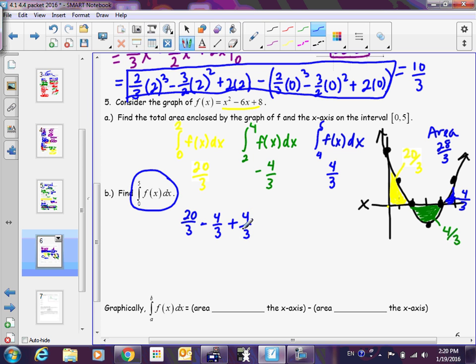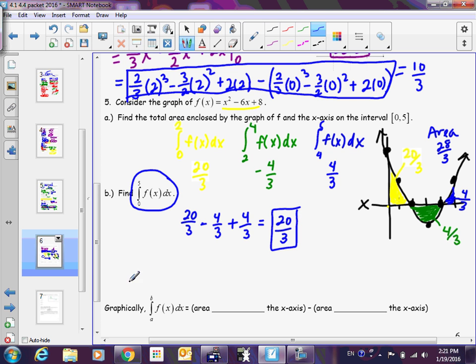Now, this is kind of nice because the -4/3 and the 4/3 cancel, so we just get 20/3. We can easily check this by doing the integral 0 to 5. We would get 20/3. Your calculator knows to do this. Your calculator is very smart. When you do this by hand, the fundamental theorem of calculus knows to do this.